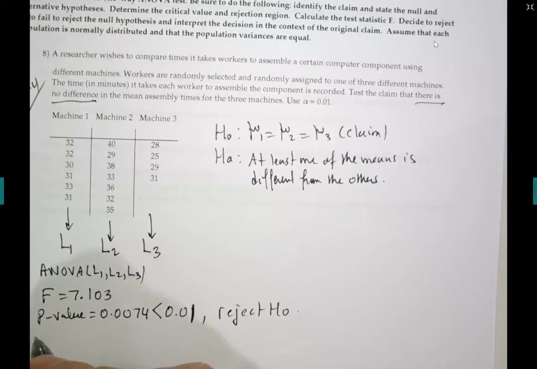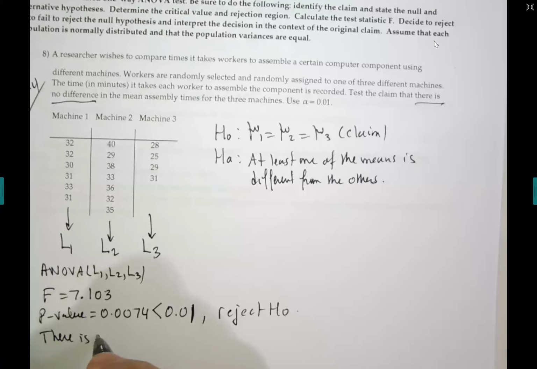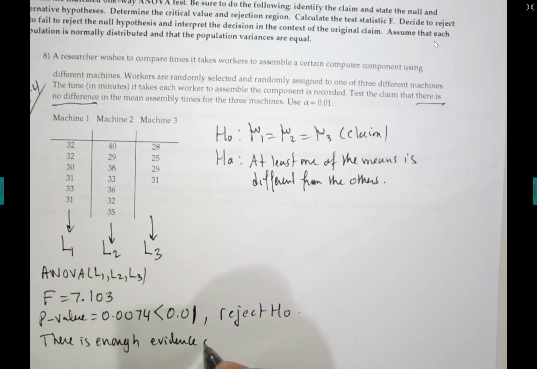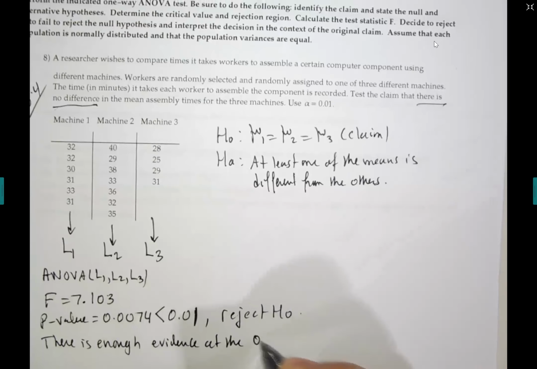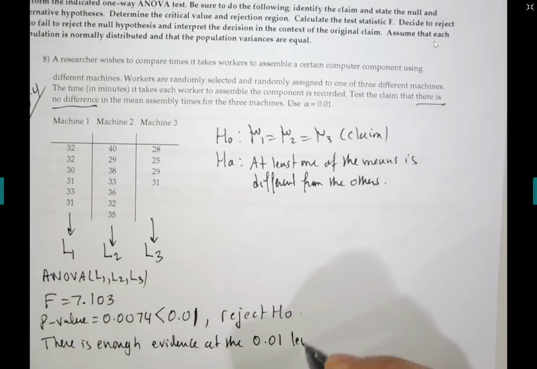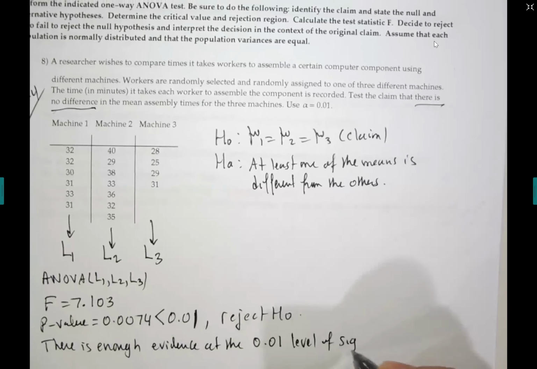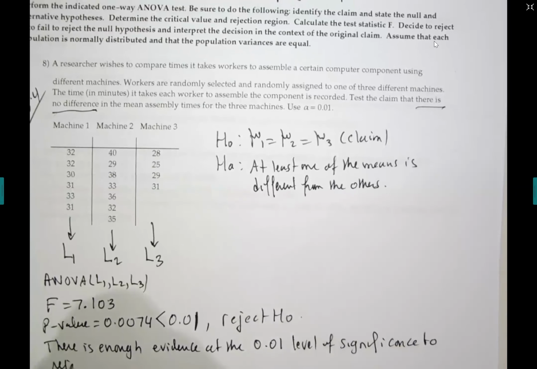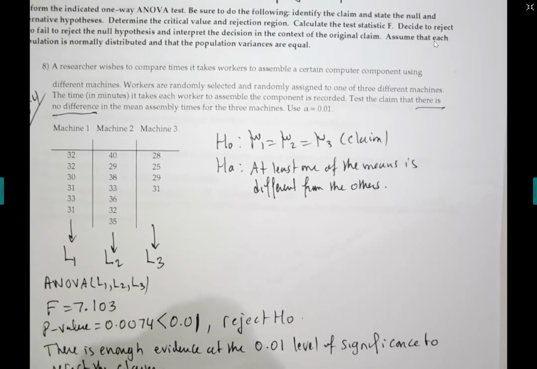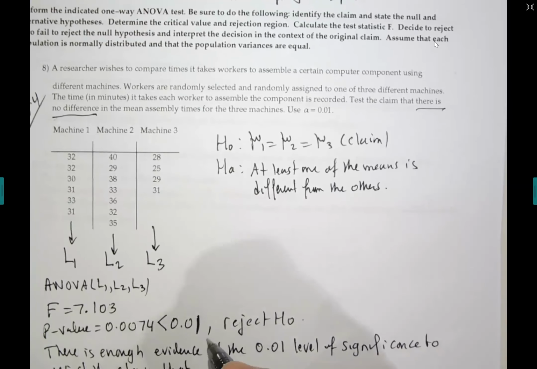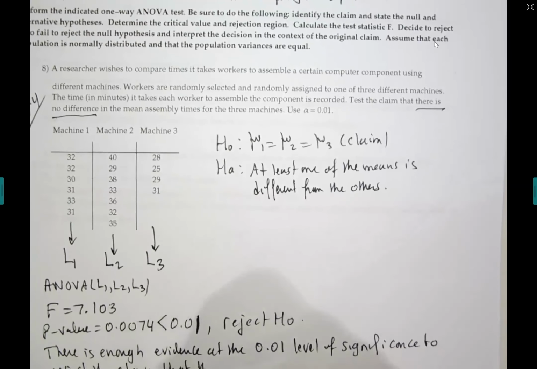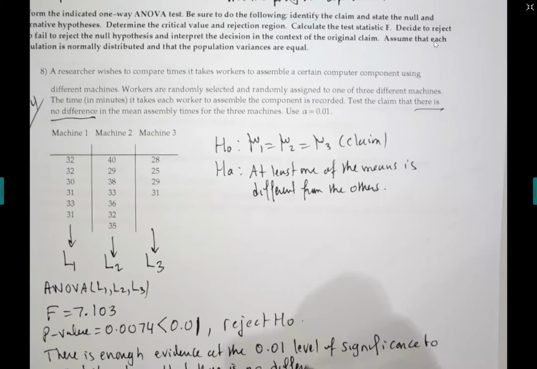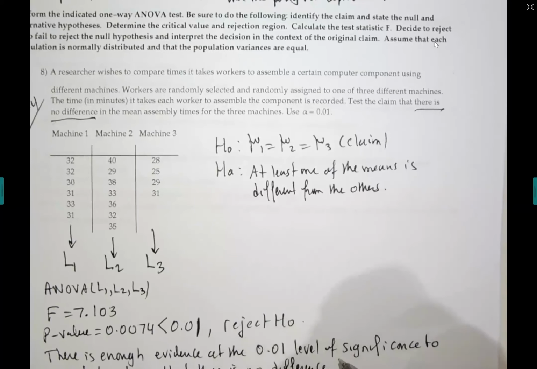So there is enough evidence at the 0.01 level of significance to reject the claim that there is no difference in the mean assembly time.